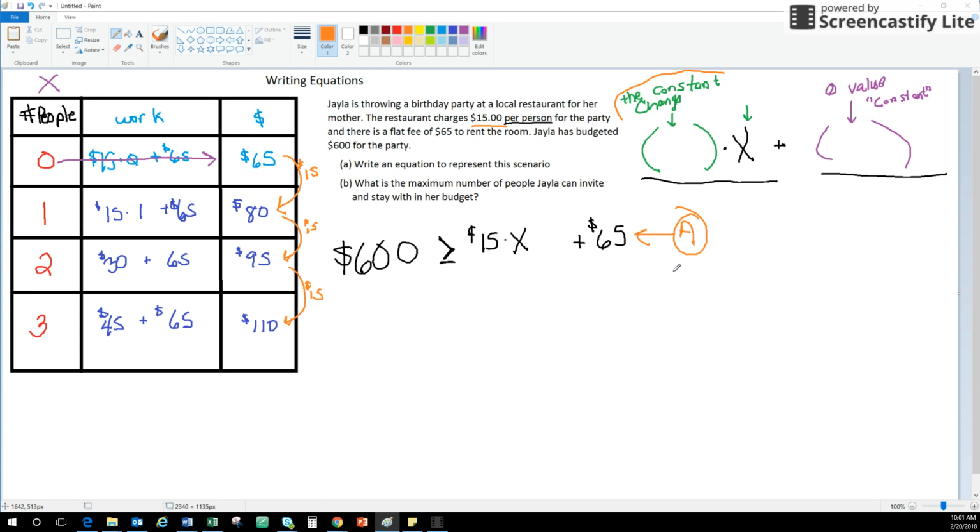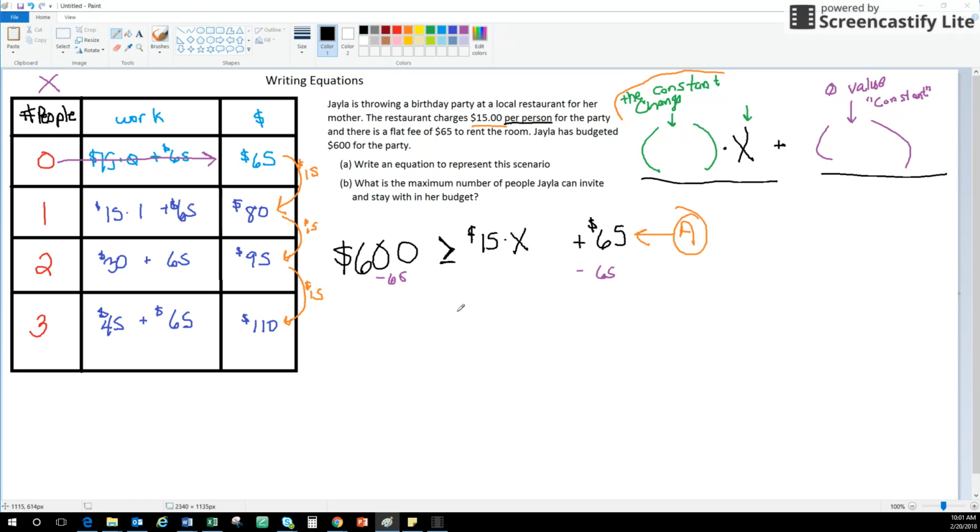Part B says, what's the maximum number of people that Jayla can invite and stay within her budget? Well, let's start solving this and see what happens. The first thing we would do is get rid of any addition or subtraction, so we'd subtract 65 from both sides.